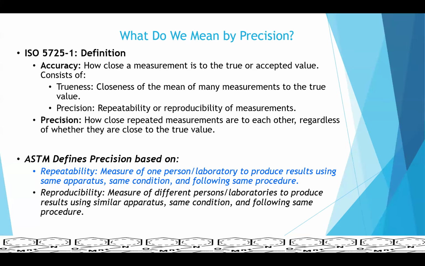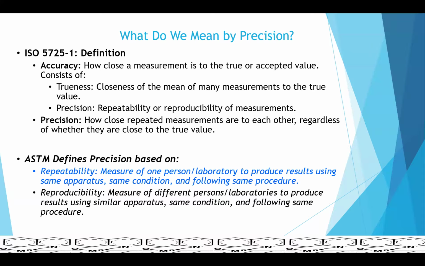Precision has a different meaning. It depends upon the repeatability or reproducibility of measurements. This precision definition is consistent across the standards organizations. According to ISO, precision is how close the repeated measurements are to each other, regardless of whether they are close to the true value.